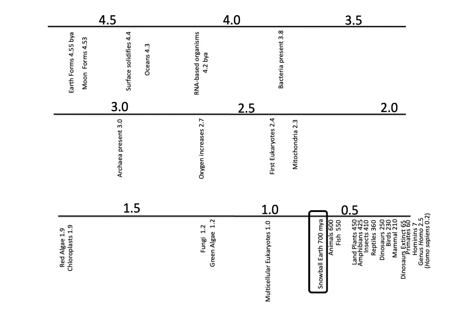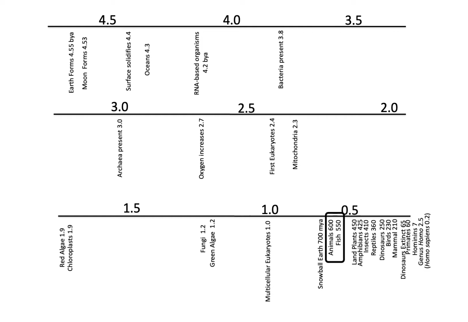At about 600 to 800 million years ago, the entire Earth was covered in ice and snow all the way to the equator, including the oceans. Some of the oceans were covered by a mile-thick layer of ice, so it was a very different time.